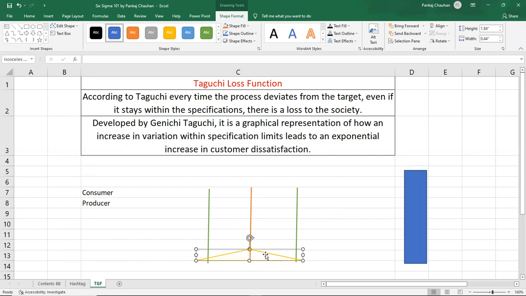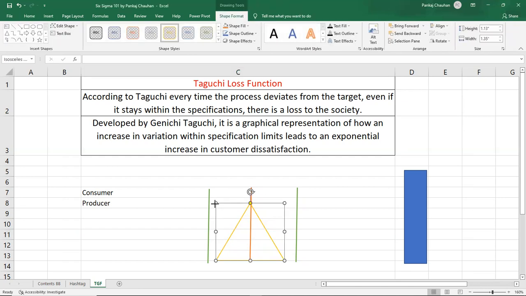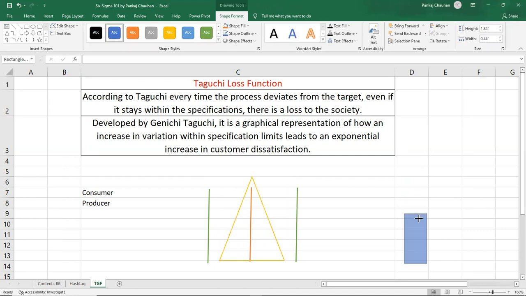But if you start reducing the variation in the process, the data points continuously move towards the center and sink towards the target line like this. Then the loss to society will continuously decrease. That's how the Taguchi loss function is explained.